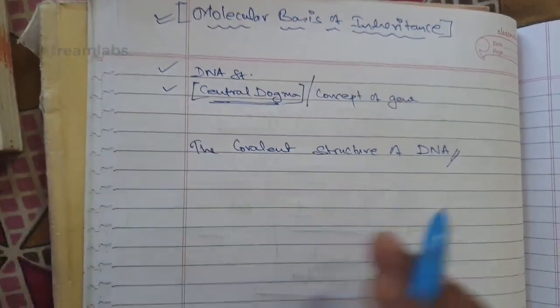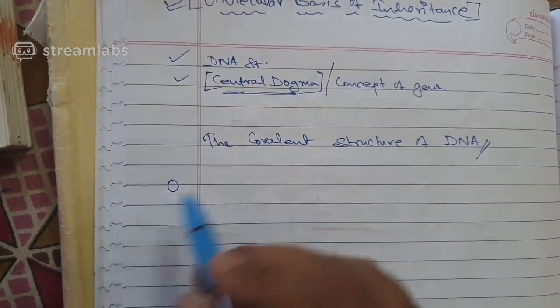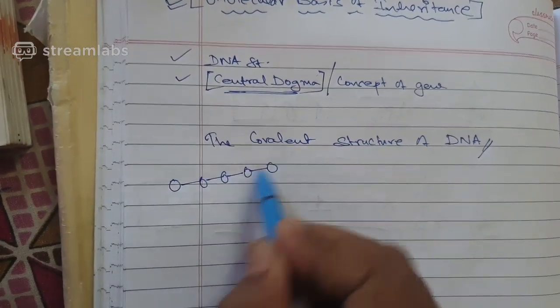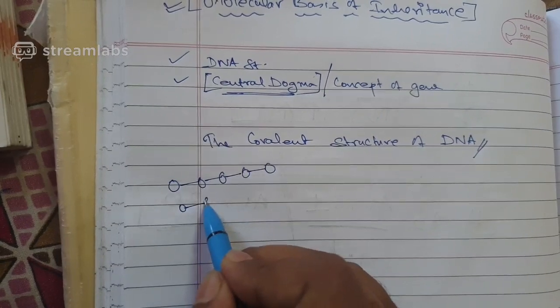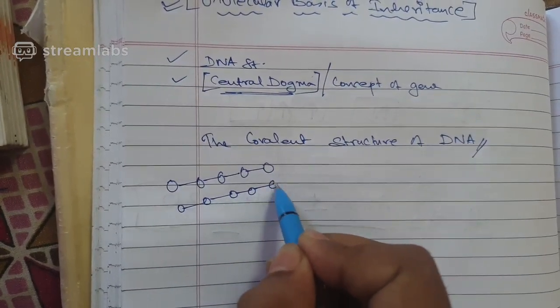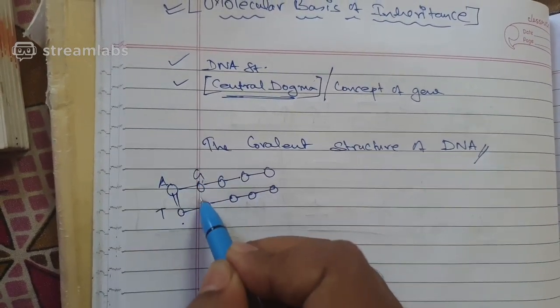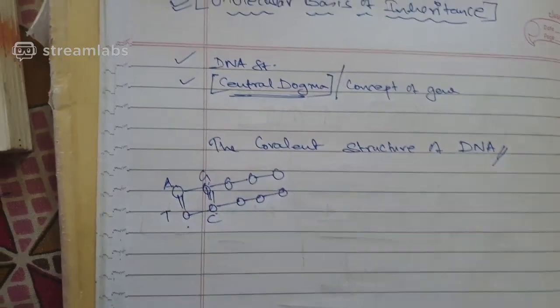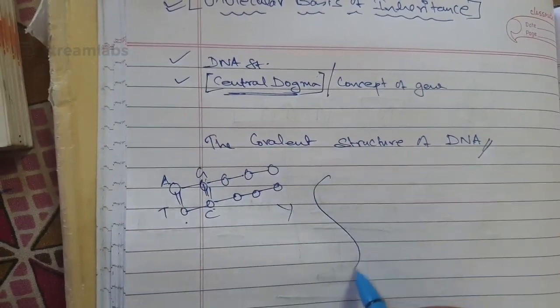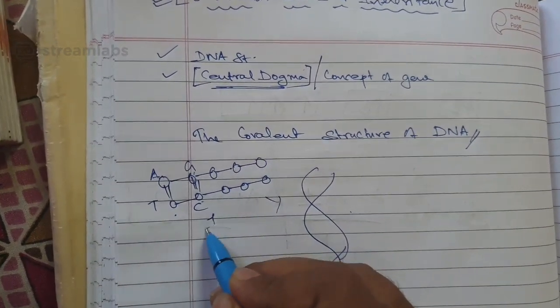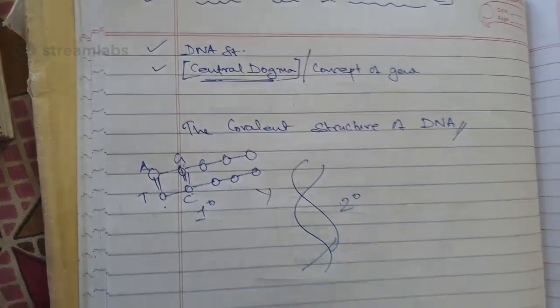If this is the nucleotide and nucleotides form phosphodiester bonds, that is the primary structure. There are two strands complementary to each other, A bonding to T and G triple bonding to C. The existence in double helix structure we call the secondary structure.